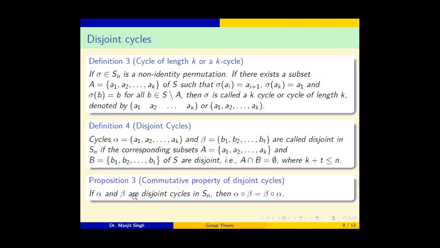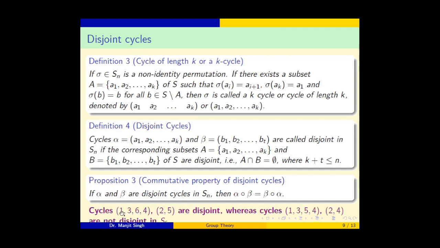If alpha and beta are disjoint cycles, then alpha beta equals beta alpha. So this is an interesting property: disjoint cycles commute, and therefore disjoint cycles have many interesting applications in permutation.